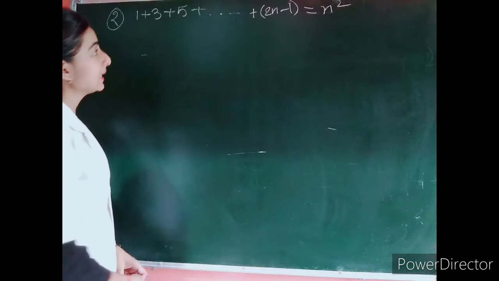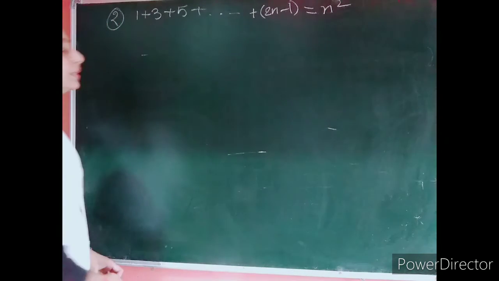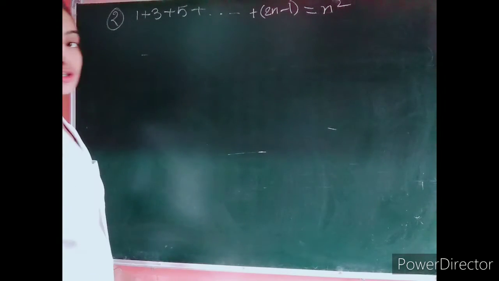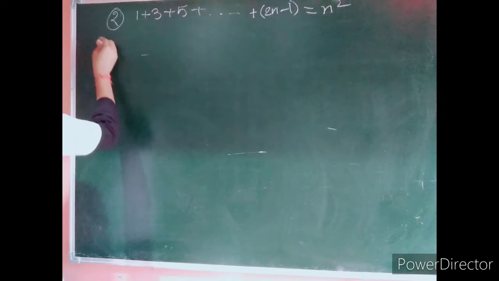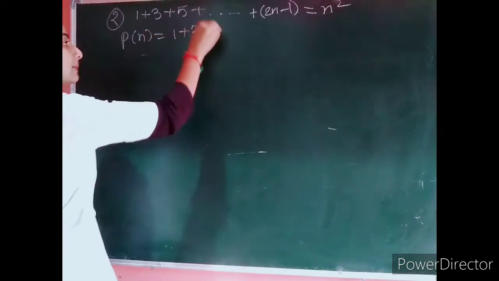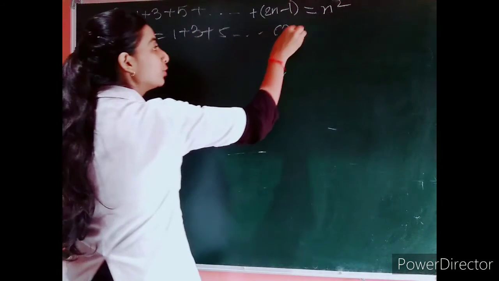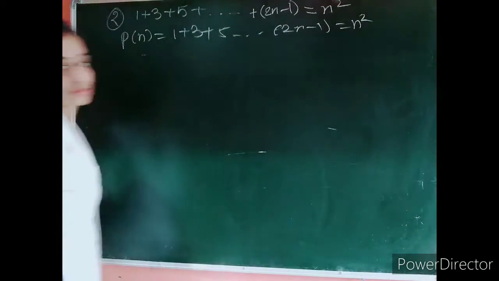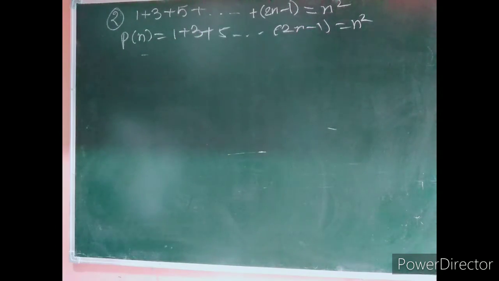Now our second example is 1 plus 3 plus 5 up to 2n minus 1 is equal to n square. Now Pn is equal to 1 plus 3 plus 5 up to 2n minus 1 is equal to n square. This we can write.